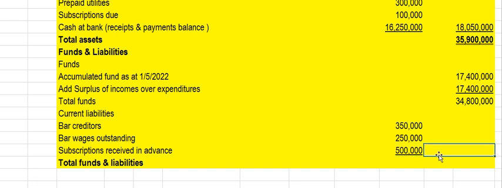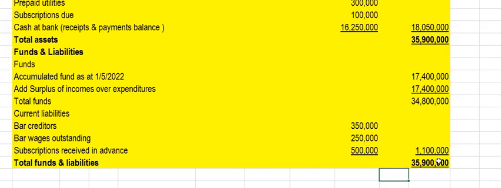So what's the total? This plus this plus this gives you 1.1. So the 34.8 plus the 1.1 gives you 35,900,000, which is the total funds and liabilities.